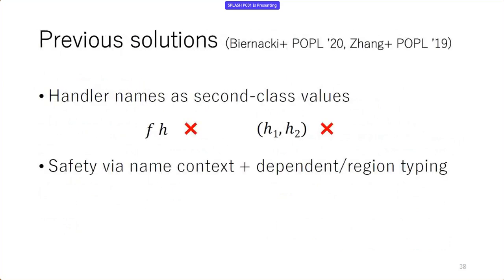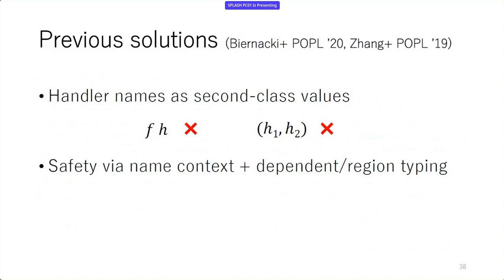There exist several solutions to this name escaping problem proposed by Biernacki et al. and Zhang and Myers. Their idea is twofold. First, they treat handler names as second-class values and restrict their use at the level of syntax.